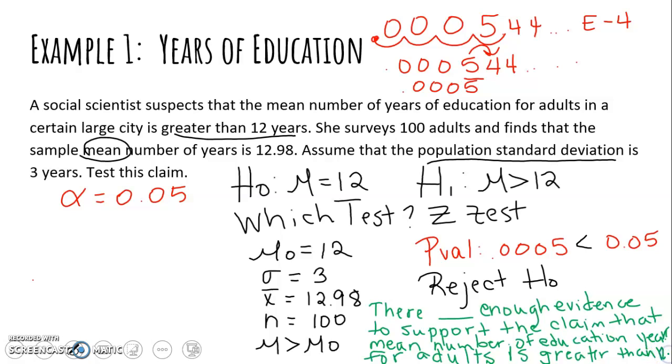I'm running out of space. Okay, so we're always going to say there is enough evidence to support the claim, or there is not enough evidence to support the claim, and be sure to specify what the claim is.